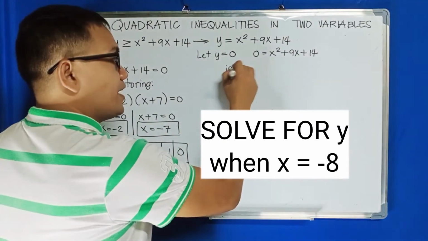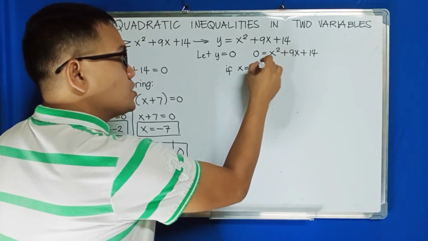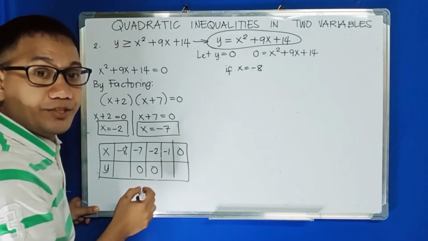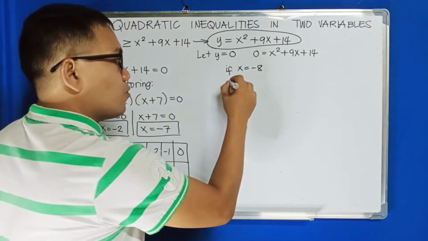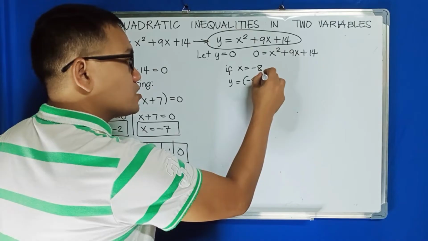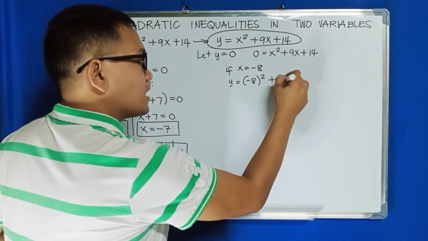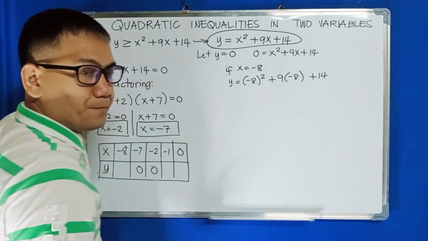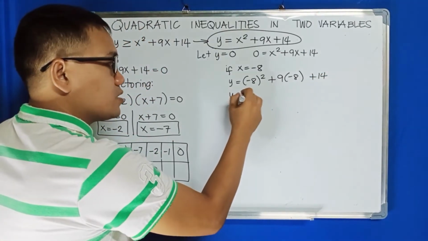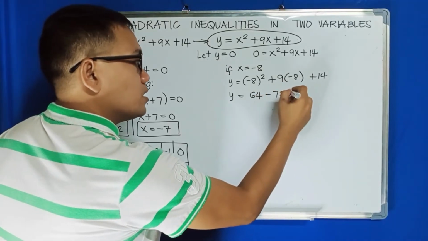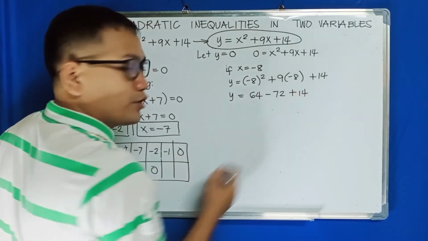If x is equal to negative 8, using our quadratic function, we will determine the value of our y. So we will have y = (-8)² + 9(-8) + 14. So we have y = 64 - 72 + 14.